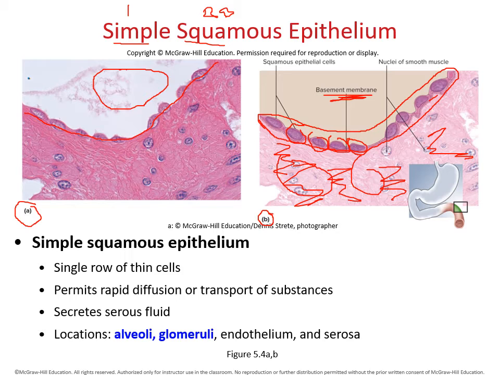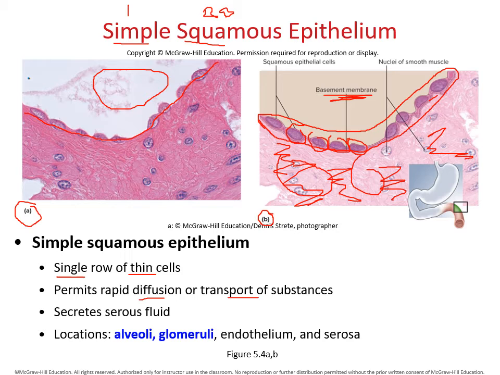Take a look at the text that's below. It says it involves a single row of thin cells. It is excellent for diffusion or transport of substances. And as you can imagine, there are multiple locations within the body where you can find this particular tissue type.